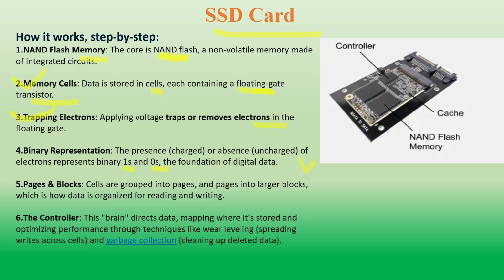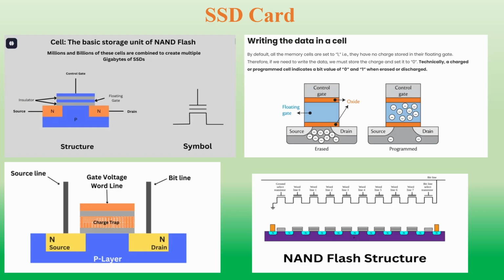Similarly, cells are grouped into pages and pages into large blocks for storing data. So in an SSD, millions and millions of these cells are combined to create a multi-gigabyte SSD. This is the symbol of one cell, and this is the structure.